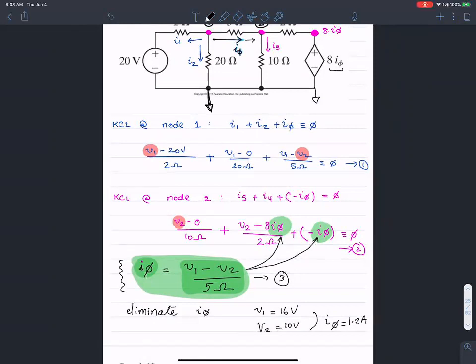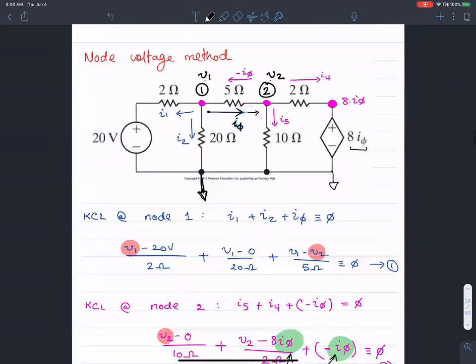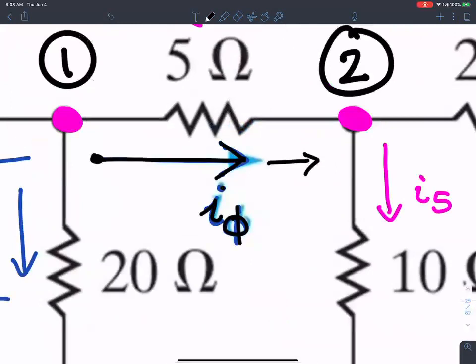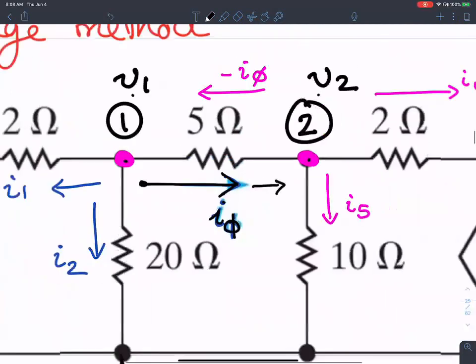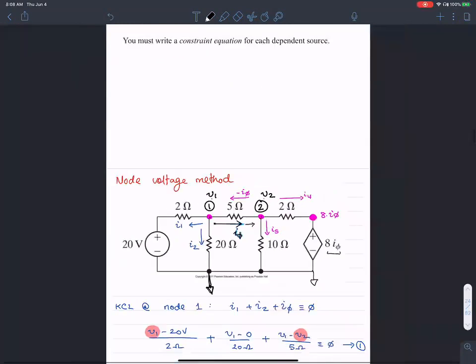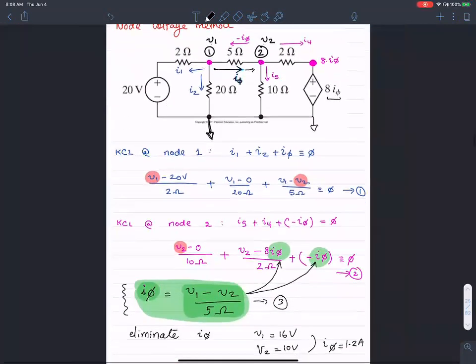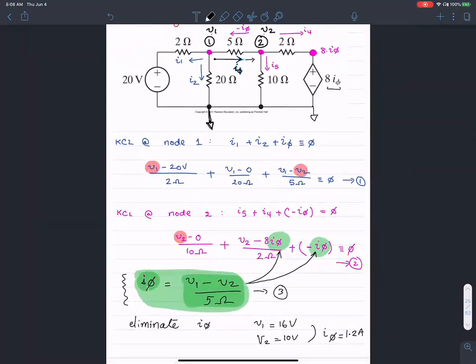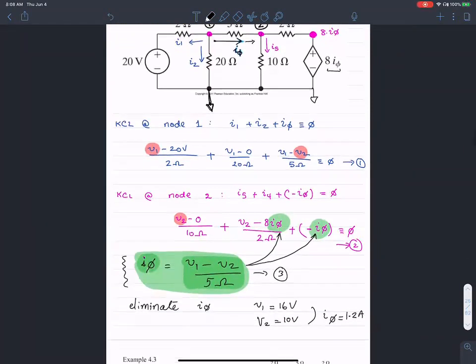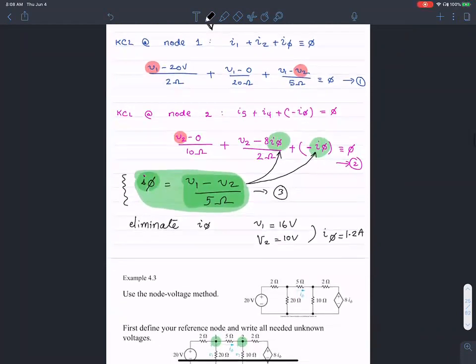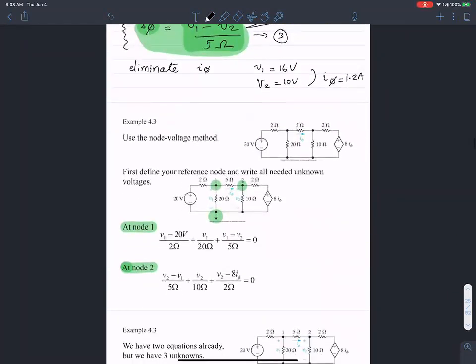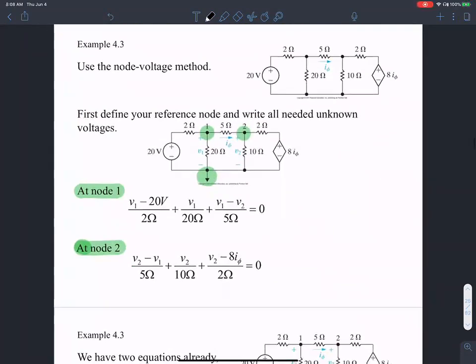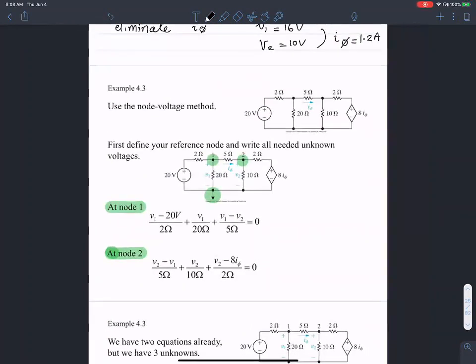In this case, I phi is V1 minus V2 over 5 ohms. And that is enough to resolve the unknown I phi, using the equations at least. So there's more than one way to do that. Okay. Now, let's see. So that's about the node voltage method.